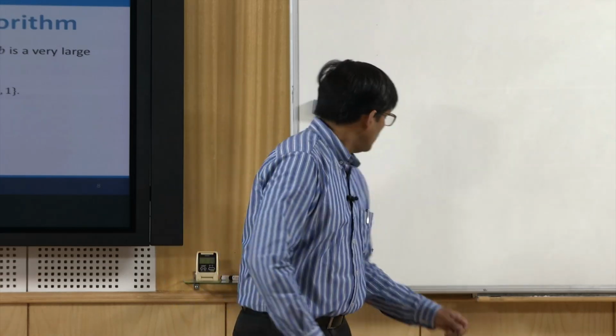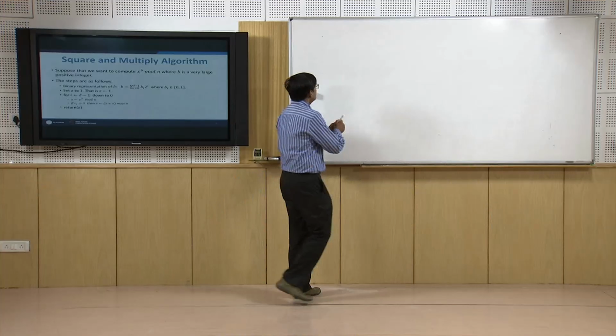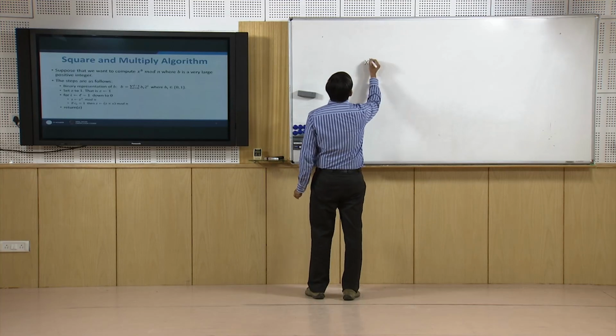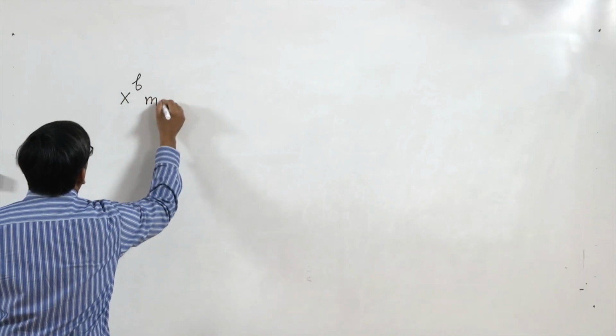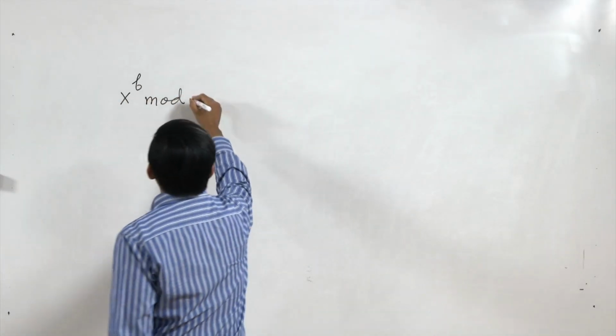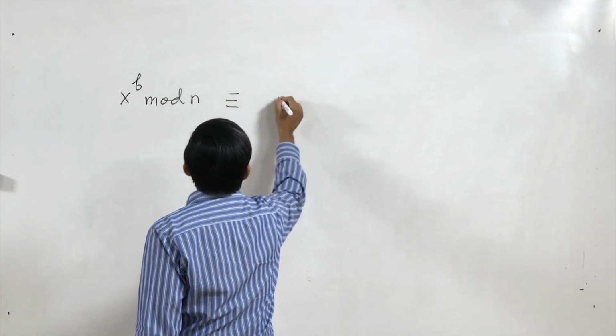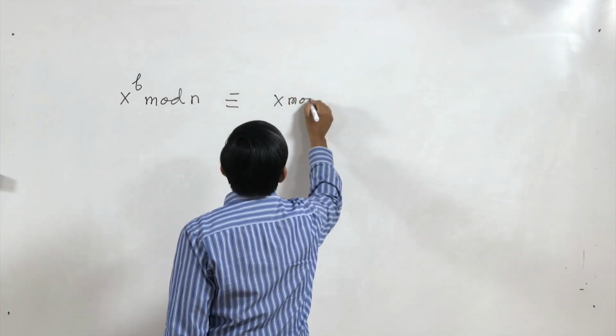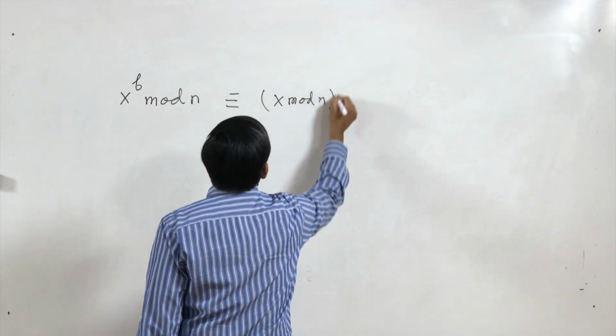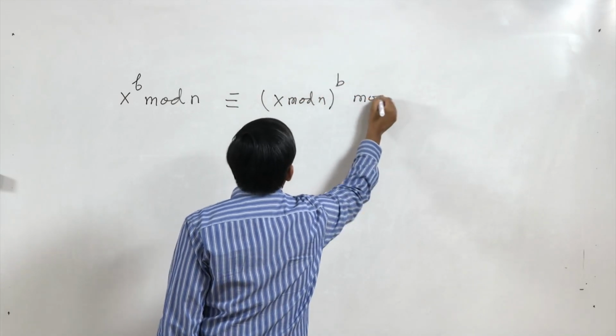Here we should remember that x to the power b mod n is congruent to x mod n to the power b mod n.